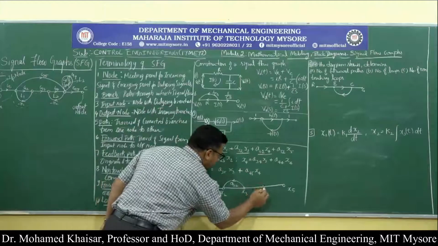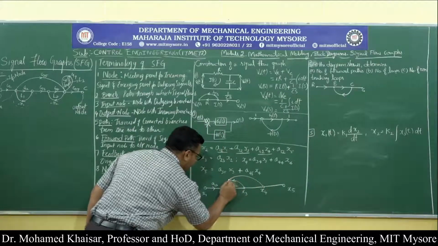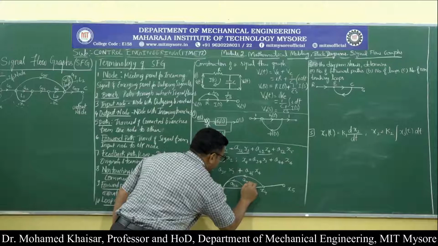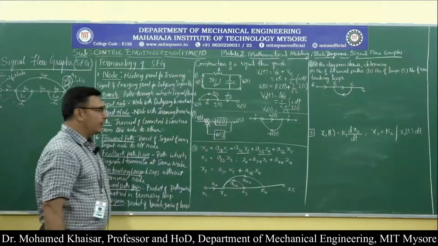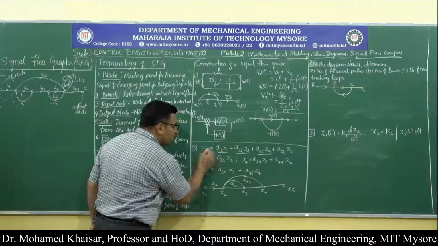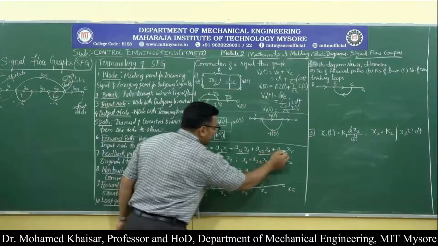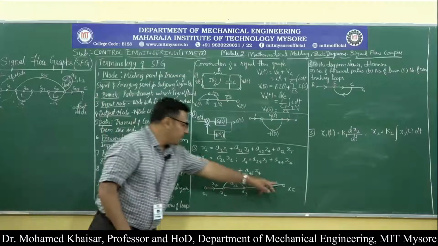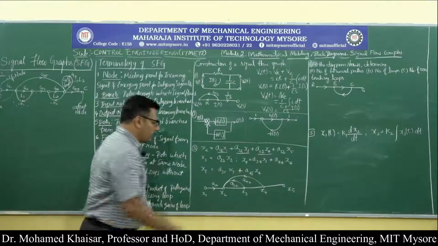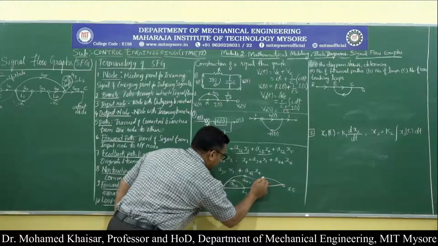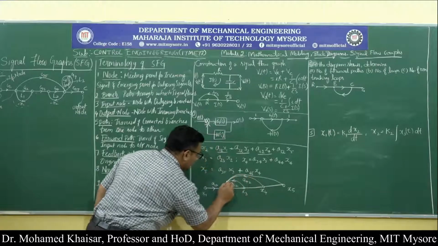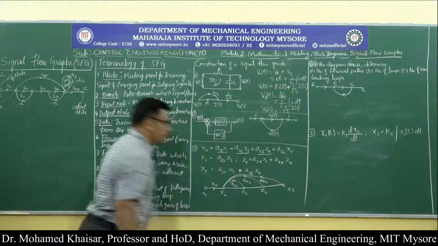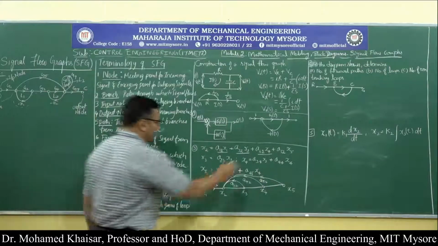That means from x4 the signal is flowing back to x2 again, a42. Then x2 is also equal to all this plus a52 into x5. That means the signal is flowing back from x5 to x2, a52. This is over.